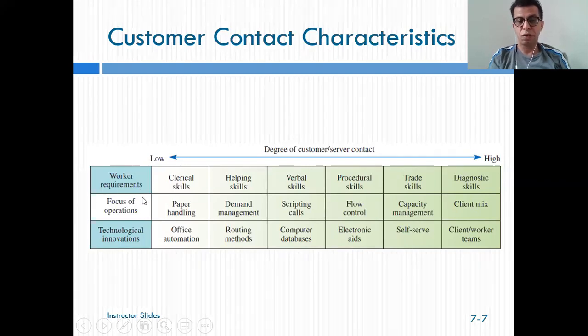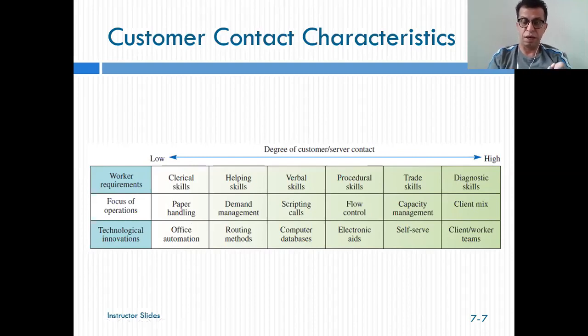Now from focus and operation, you look at whether it's low, they just do paper handling, like you saw, you do the scanning and you forward it to the others. But if it's very high, you probably need to do capacity management and client mix, and in the middle, probably scripting.